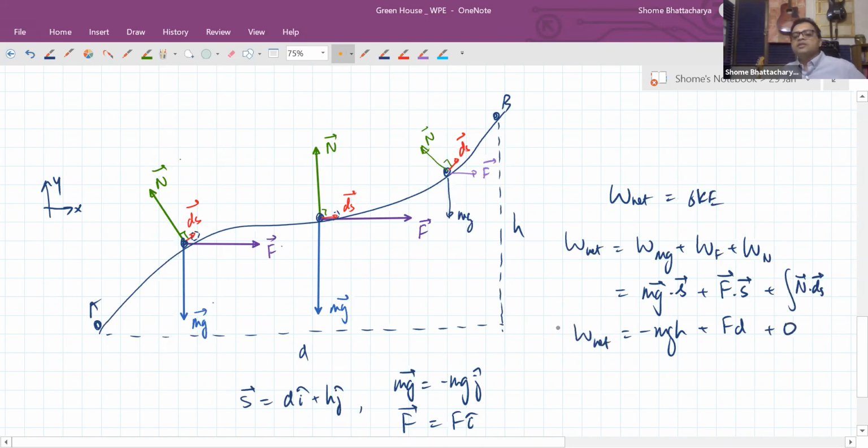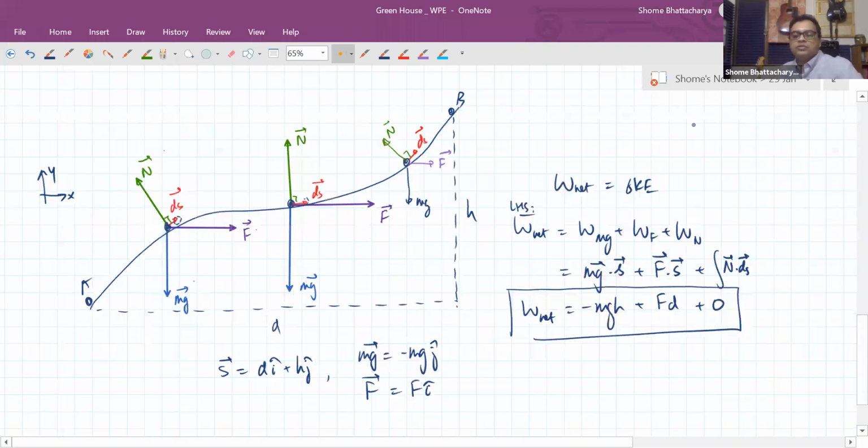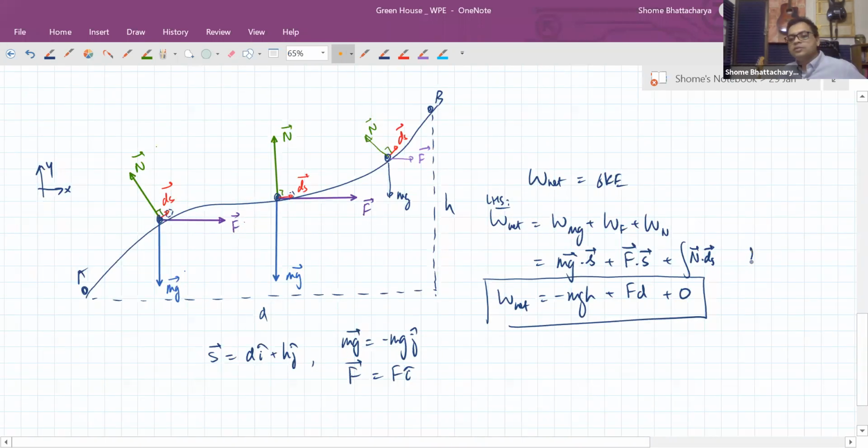So the net work done is this much. The left hand side of the equation, net work done, is this much. That's what makes this problem very easy to solve using work energy. Now why is the integration of N dot ds 0? Because N is perpendicular to the differential displacement at all points during the path.